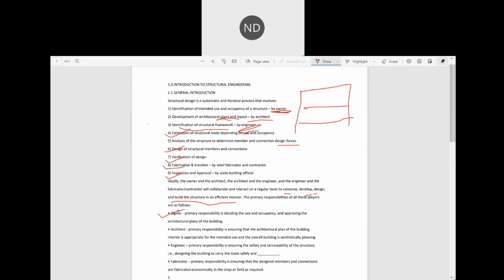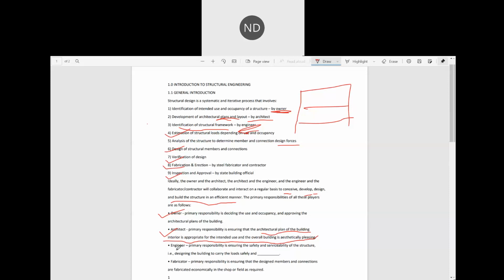Then the architect's primary responsibility is to ensure that the architectural plan of the building interior is appropriate for the intended use and the overall building is aesthetically pleasing. Whether externally or internally, the interior portions are also going to be checked and ensured by the architect.